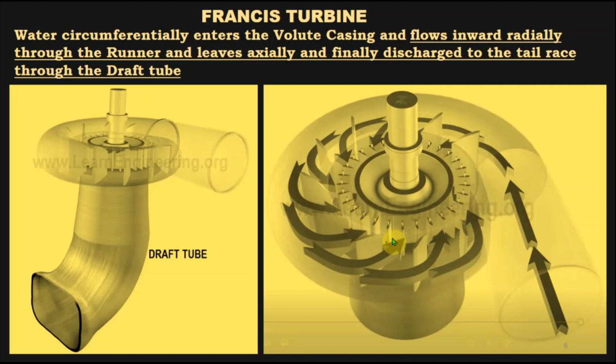The runner vanes are mounted radially on the runner wheel, which is fitted on this shaft. After passing through the runner vanes and transferring energy to them, the flow is discharged axially through the draft tube. At the exit of the turbine runner, the flow leaves axially and is finally discharged to the tail race through this draft tube.